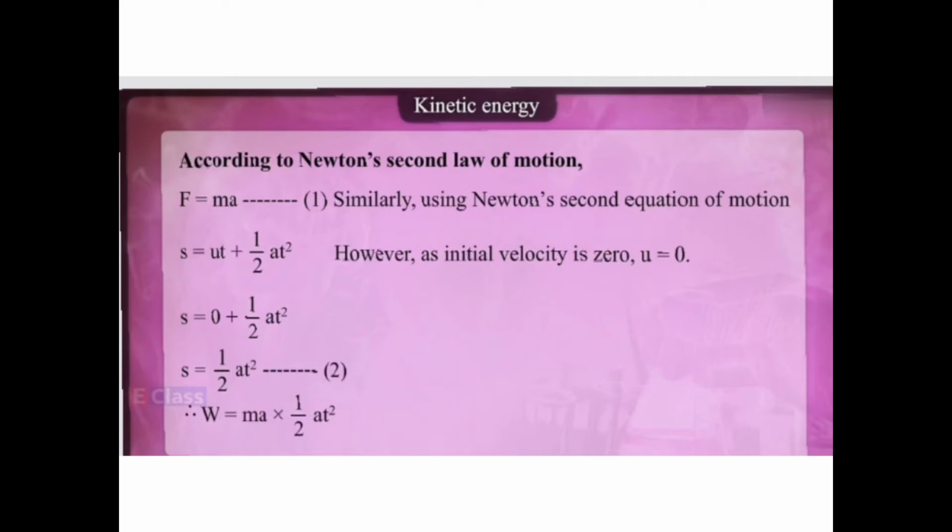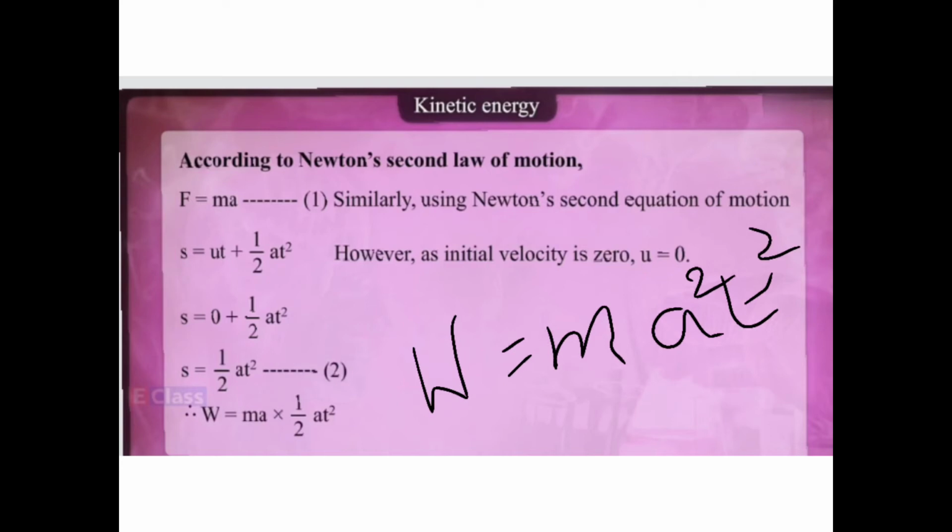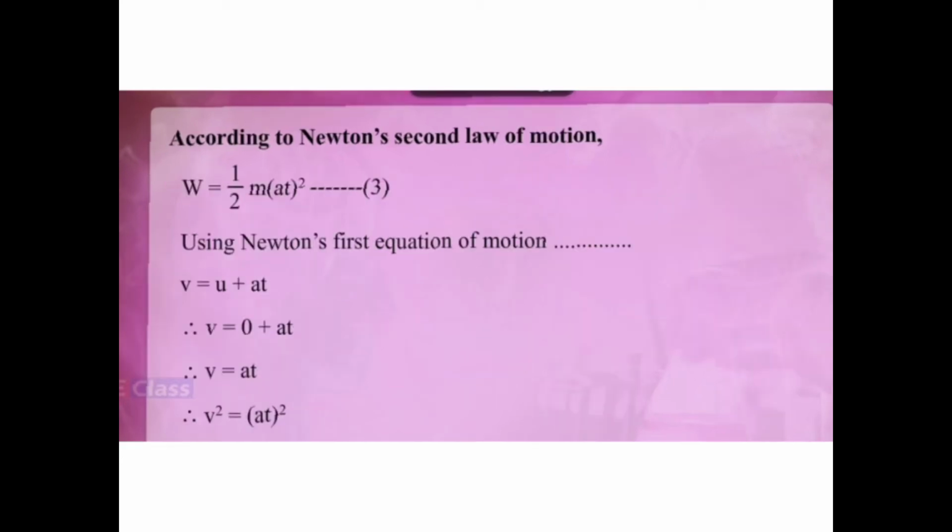From here, a is also there. a into a will become a square. So I will write W is equal to m, a into a is a square, t square. Of course, half is there, so I will write half first. So W is equal to half into m into a square t square. Now a square t square can be written as at the whole square.